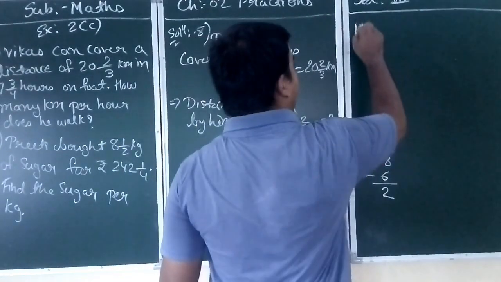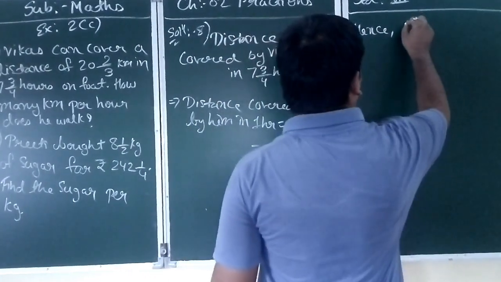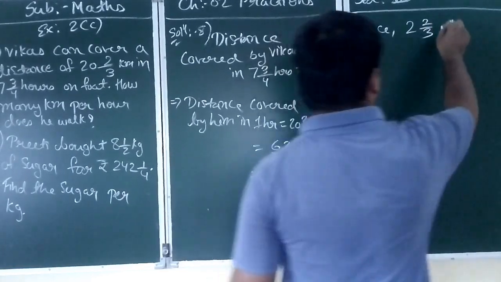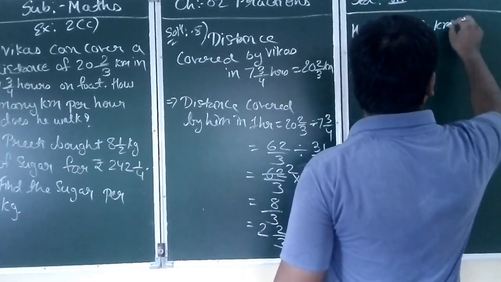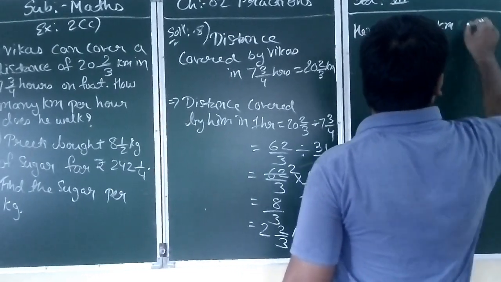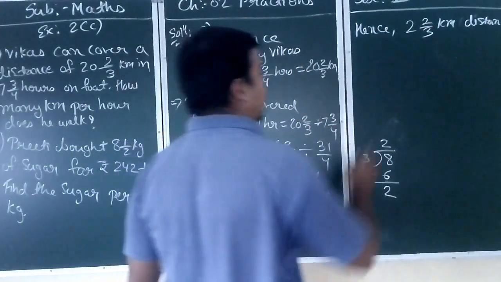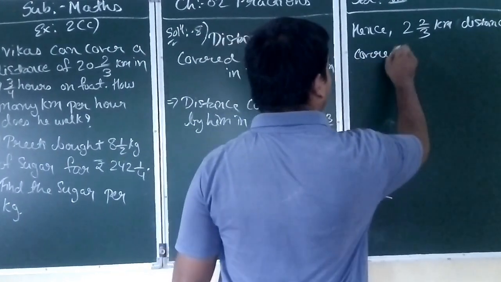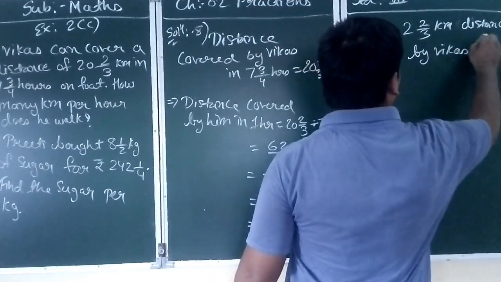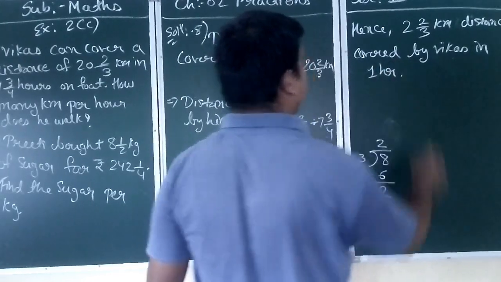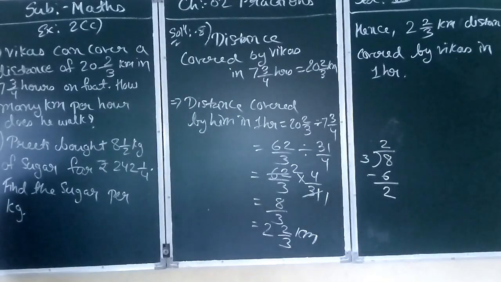So you write down, hence 2 by 3 kilometer distance covered by Vikas in 1 hour. Okay, let's copy this one. Very simple question.